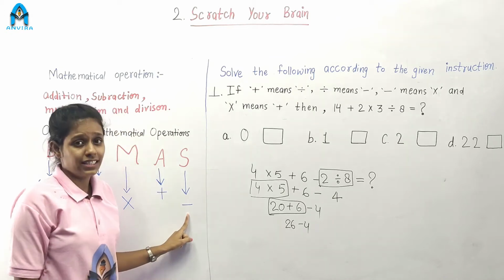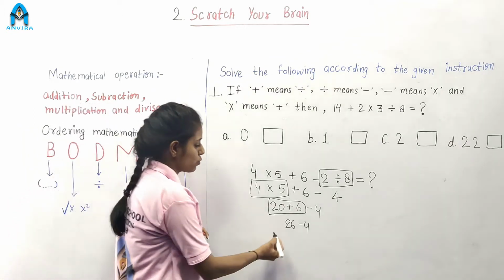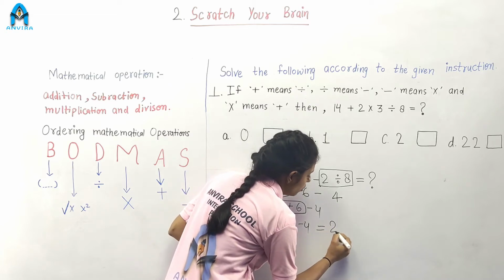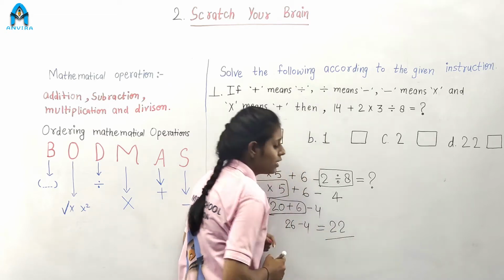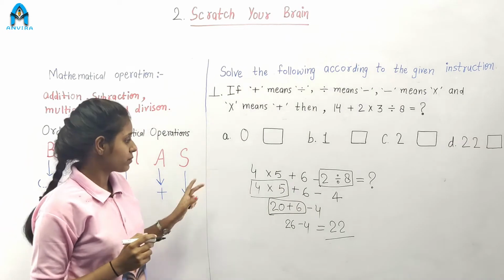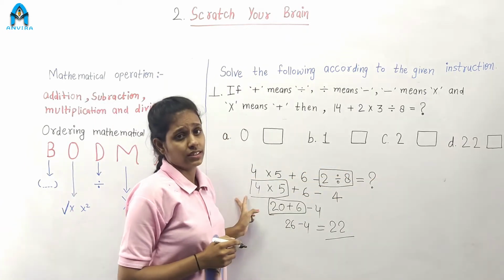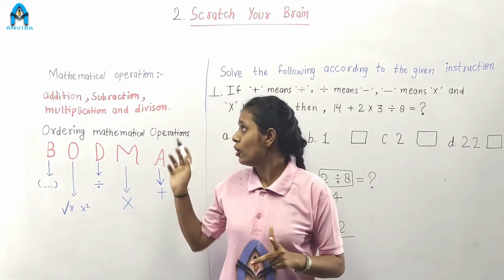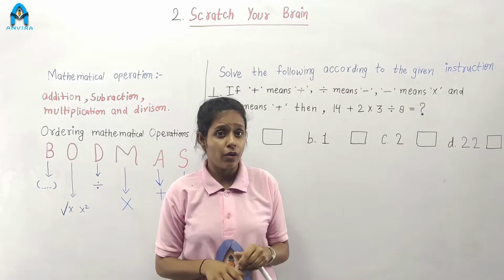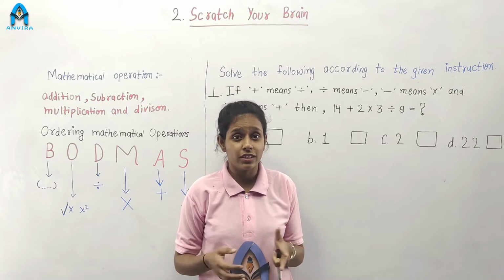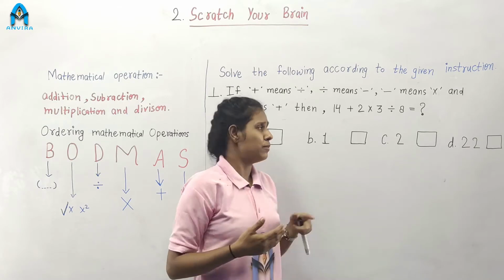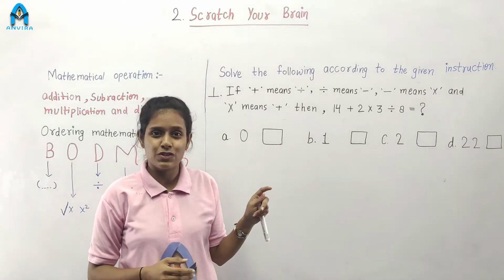The last is subtraction. So, 26 minus 4 is equal to 22. This is our correct answer. So, this is how you can solve all mathematical operations together. Now, along with learning new things, we have to scratch our brain with some interesting things in this chapter.